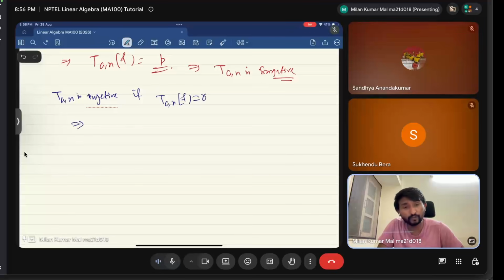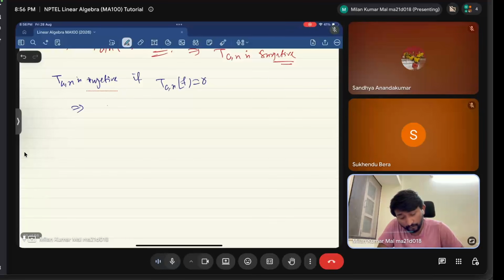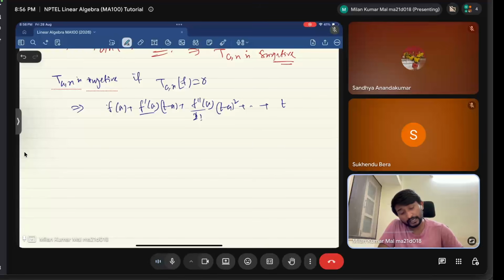But this is a polynomial of the form f(a) plus f'(a)(t minus a) plus f''(a)/2 factorial (t minus a) squared plus, all the way, the (n minus 1)th derivative of f at a over (n minus 1) factorial times (t minus a) to the power n minus 1, and this equals 0, right?